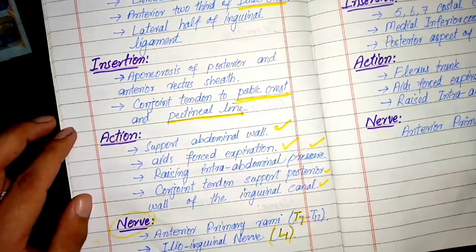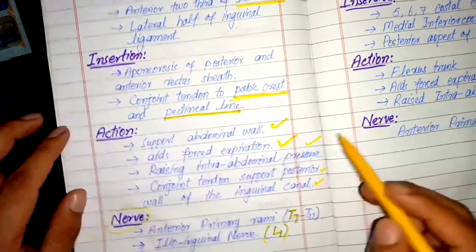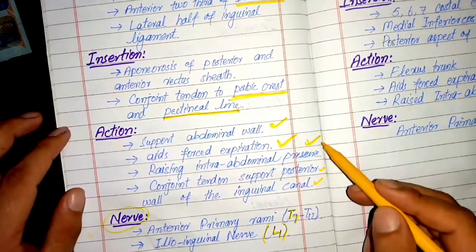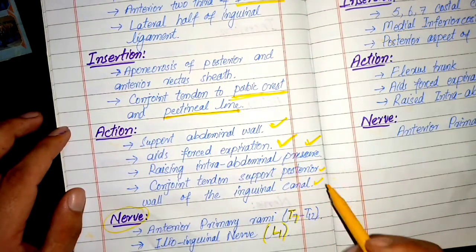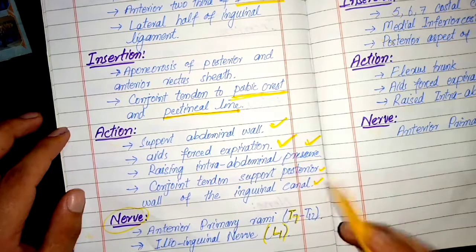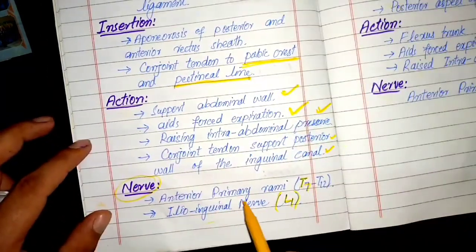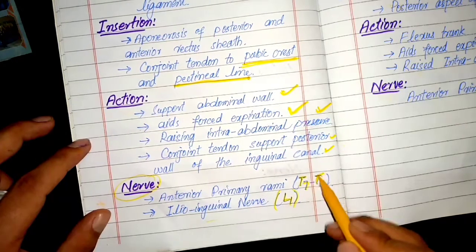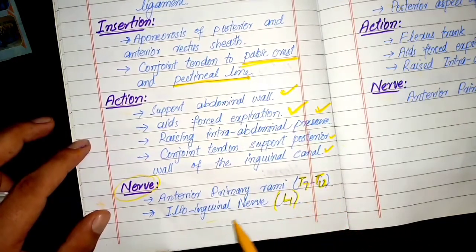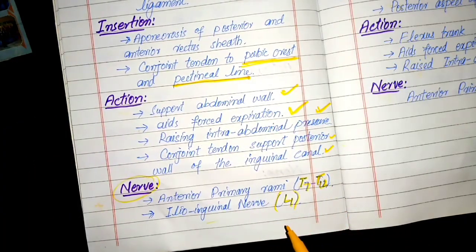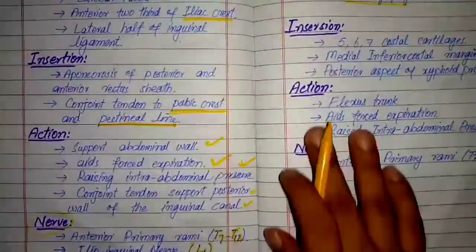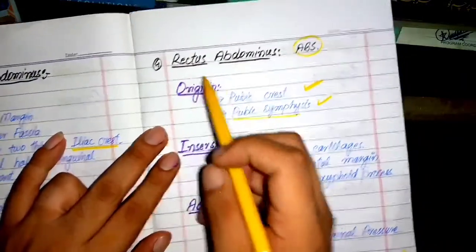It also has the common actions: aids forced expiration, raising intra-abdominal pressure. Conjoint tendon supports the posterior wall of the inguinal canal, and its nerve is the anterior primary rami, meaning from T7 to T12, and the ilioinguinal nerve L1, right? Here there is the fourth one, muscles.